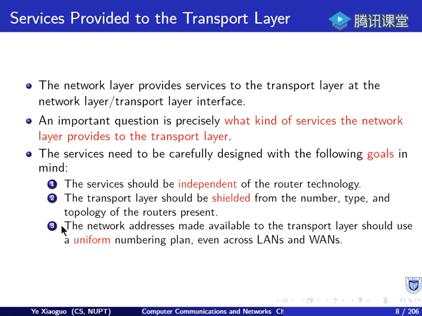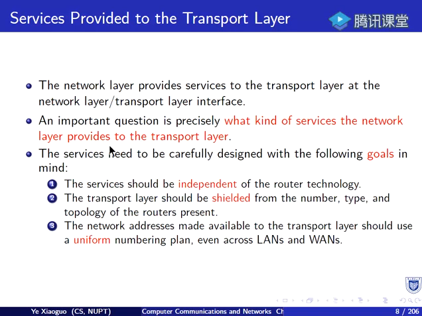The third one is that the network addresses made available to the transport layer should use a uniform numbering plan, even across local area networks and WAN, wide area networks.